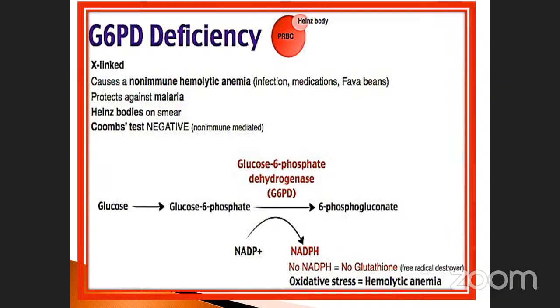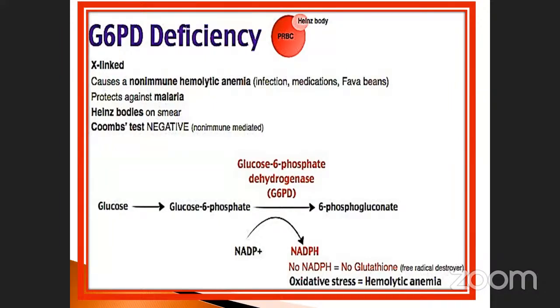Suppose there is an infection, viral or bacterial; automatically the RBC will rupture. Suppose unwanted medicine, some medications, chemical substances you take, sometimes may rupture the RBC cells. And one more is fava beans.